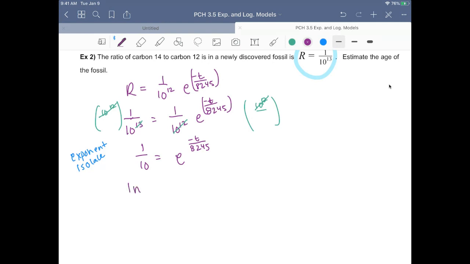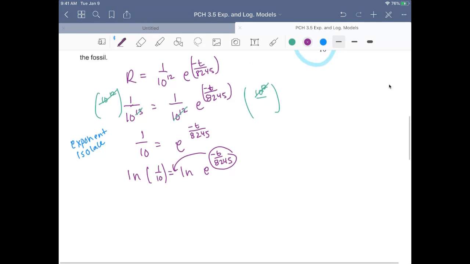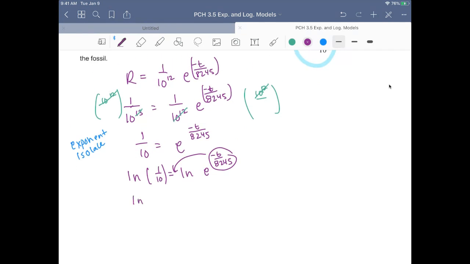I'm going to do the ln of 1 over 10 is equal to the ln of e to the negative t over 8,245, and the exponent is going to go to the front. So we get the ln of 1 over 10 is equal to negative t over 8,245 times the ln of e, which is 1.